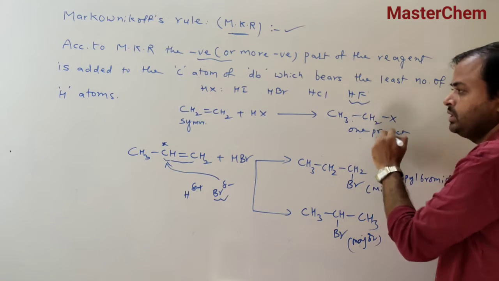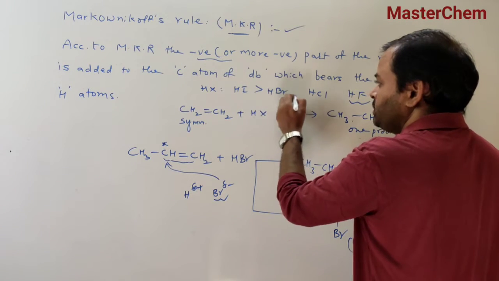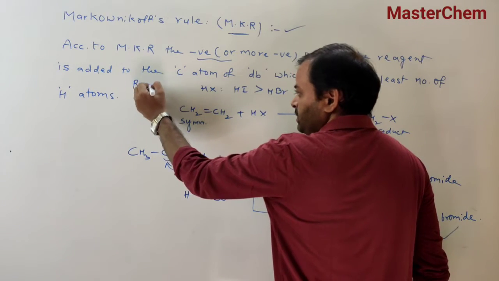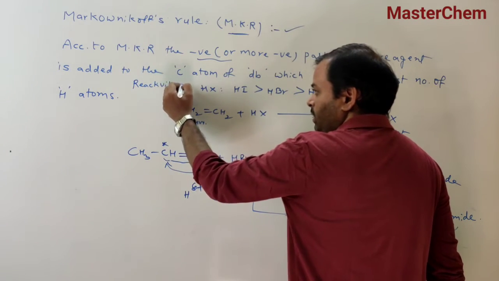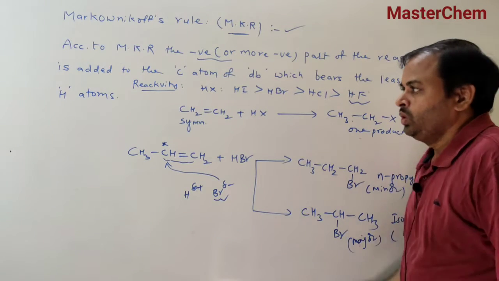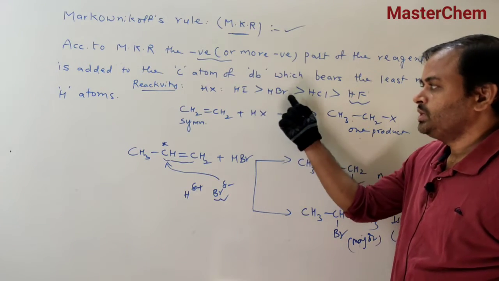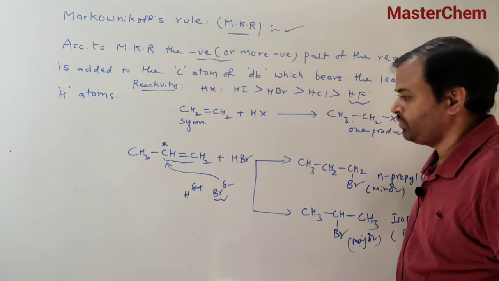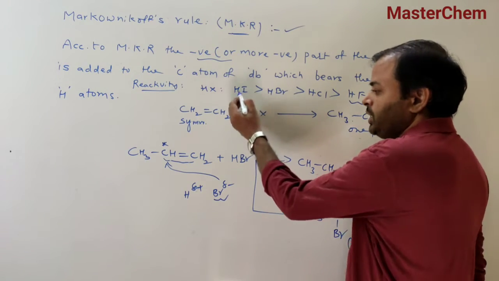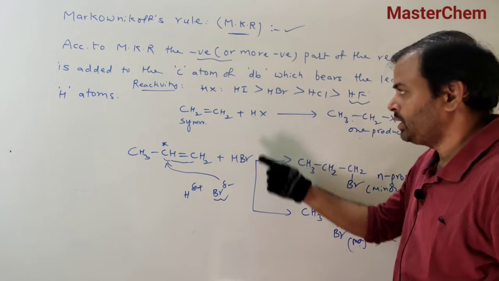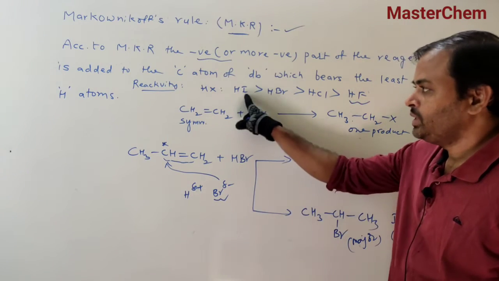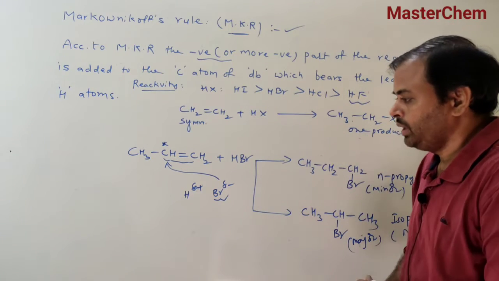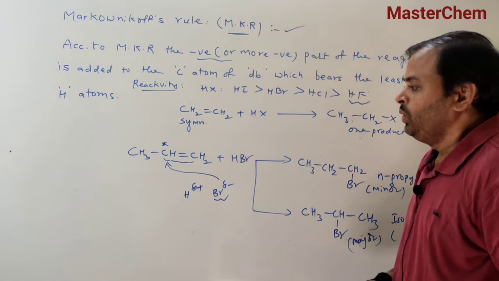The reactivity of HX in this reaction is HI greater than HBr greater than HCl greater than HF, because HI can give I minus easily compared to the remaining ones. That's why HI reactivity is more compared to all the others.